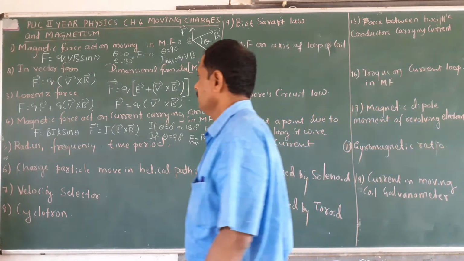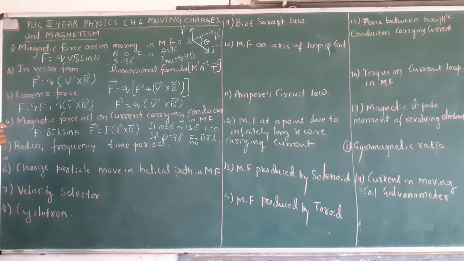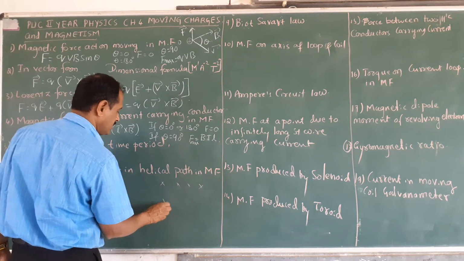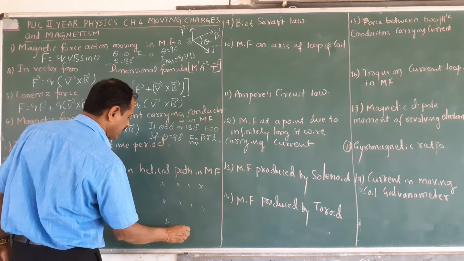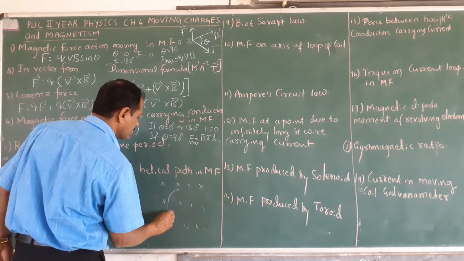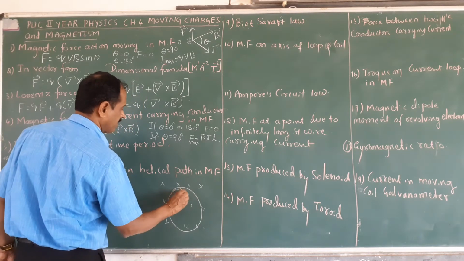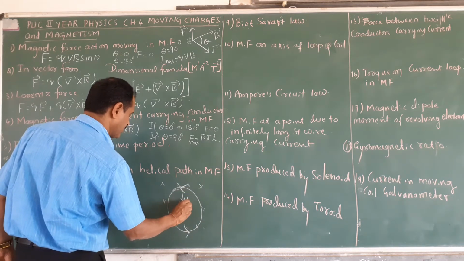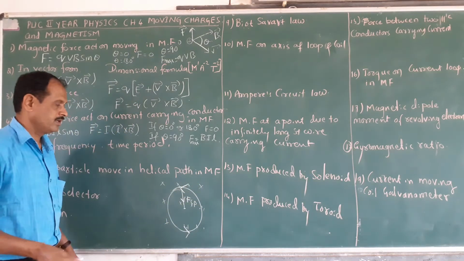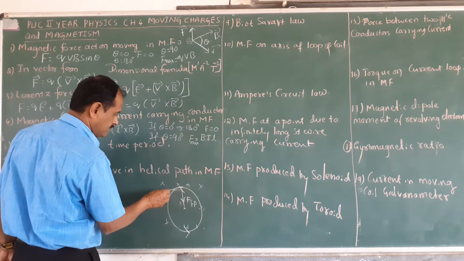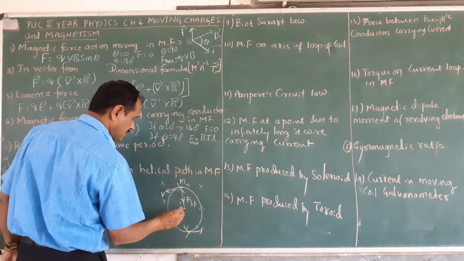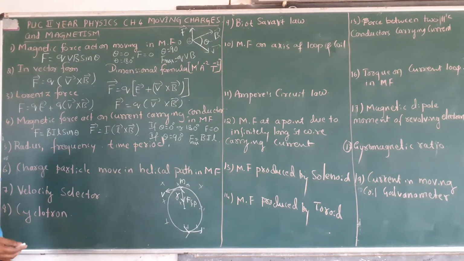Next point: if a charged particle enters the magnetic field, for example, this is the magnetic field, the charged particle enters and moves in a circular path. Now the centripetal force acting is F_c, and this is the velocity v, m is the mass of the particle, and r is the radius of the circular path.